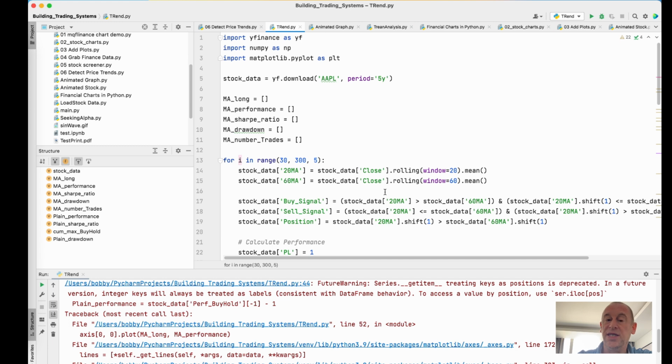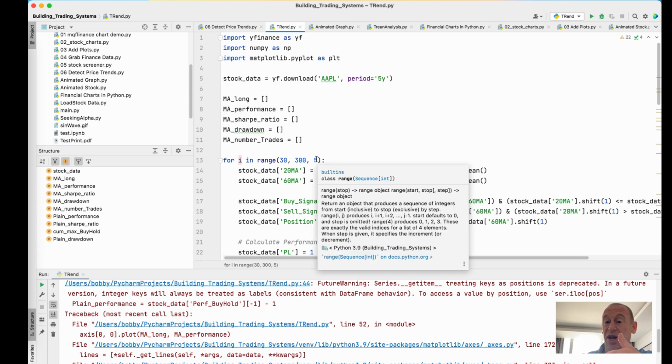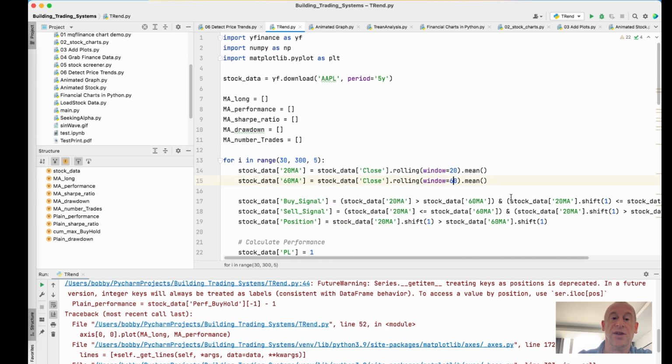So here I used a 60-day moving average, but I will change it and try it from 30 days to 300 days in steps of 5. So I have 30 days, 35 days, 40 days, and so on. And for that I replace the 60 with my i.